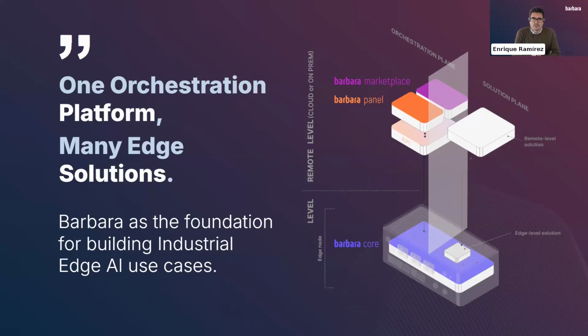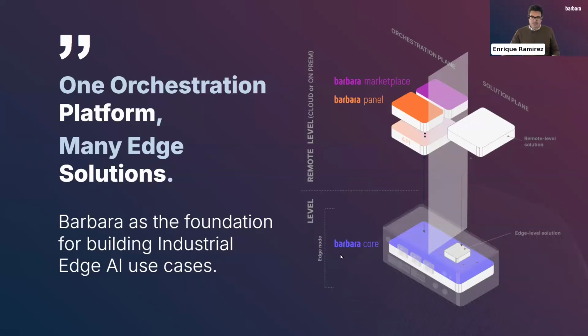one of the key features of the Barbara platform is cybersecurity. That is why we design and develop our own OS. We are focused on cybersecurity, so we provide this OS that is completely hardened. When you install this OS in your equipment, you will have no open ports, and the communication will be outgoing and secure. You will have file encryption, secure boot, TPM support, and a lot of different functionalities to protect and harden your device.